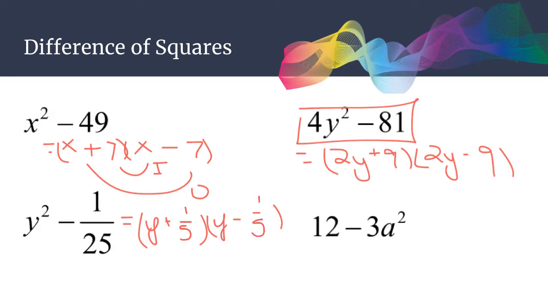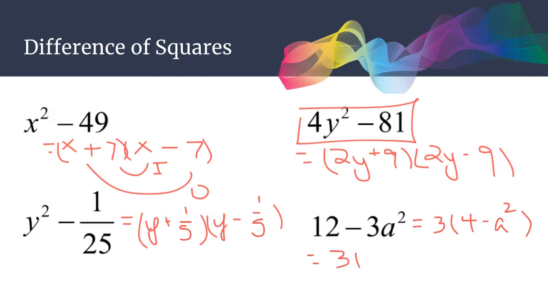Now this last one's a little tricky because if you look at it, it's a difference, but it's not a difference of two perfect squares. 12 is not a perfect square. So what you want to do is first look and see if by chance you could factor something out. And we get 4 minus a squared left inside a parenthesis when we factor out a 3.